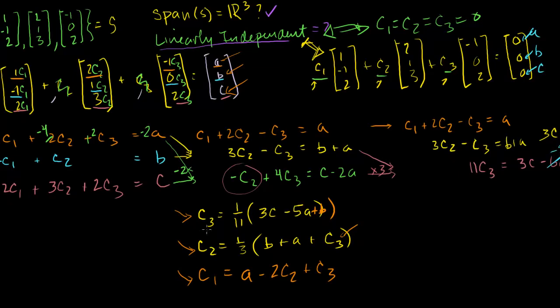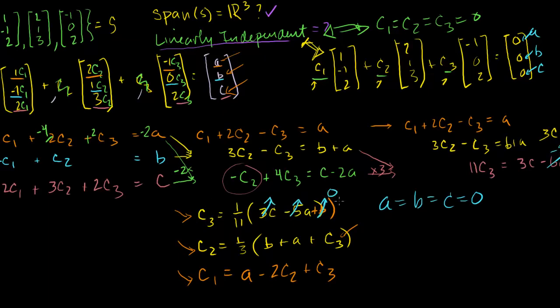So let's see what our C1, C2, and C3 are. My A equals B equals C equals 0. I'm setting it equal to the 0 vector. What linear combination of these three vectors equals the 0 vector? Well, if A, B, and C are all equal to 0, that term is 0, that is 0, that is 0. You have 1/11 times 0 times 0 minus 0 plus 0.